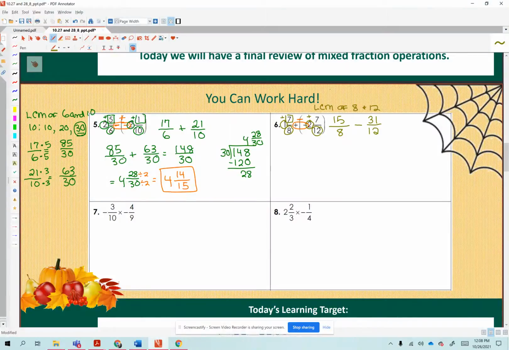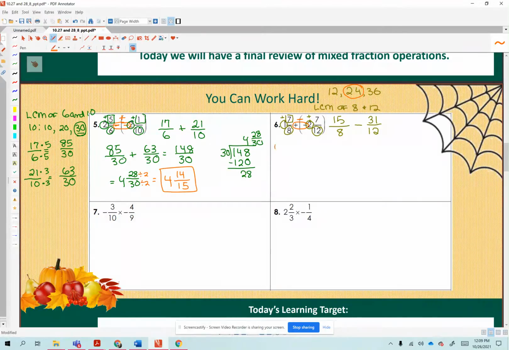So if I look at multiples of 12, I have 12, 24, 36. And when I look at the 24, I know that that's also a multiple of 8. So I'm going to rewrite them to have a denominator of 24.